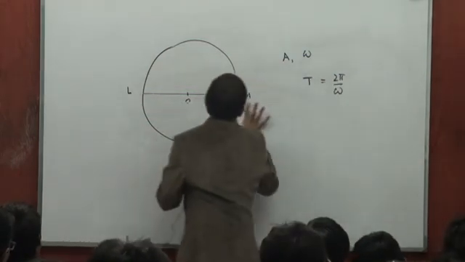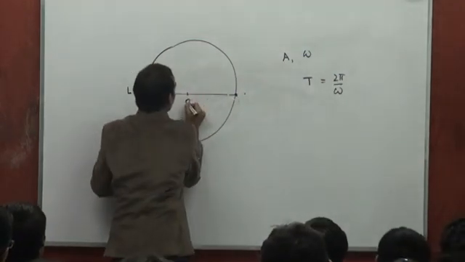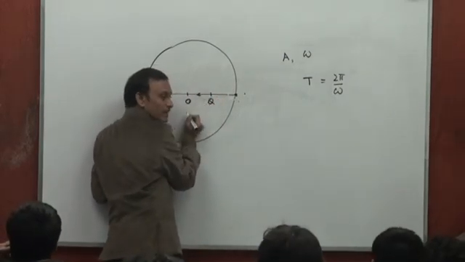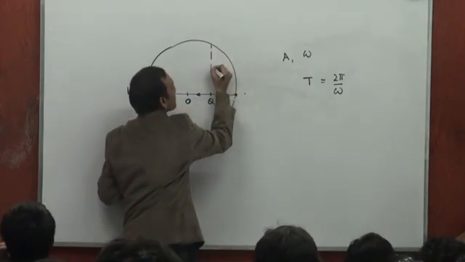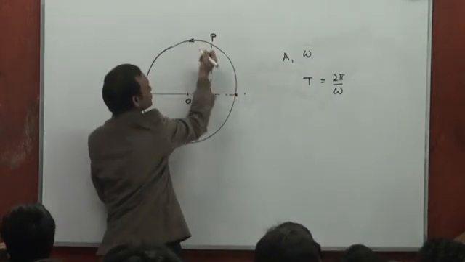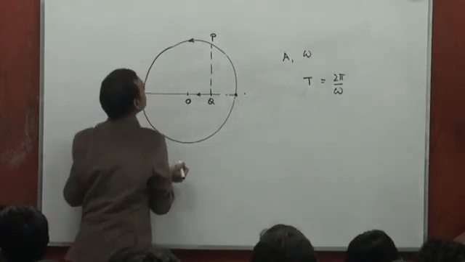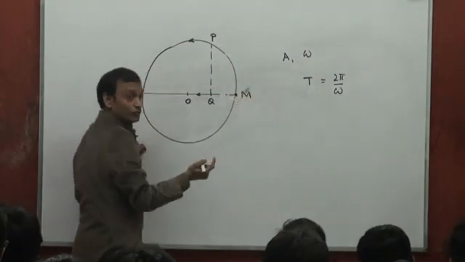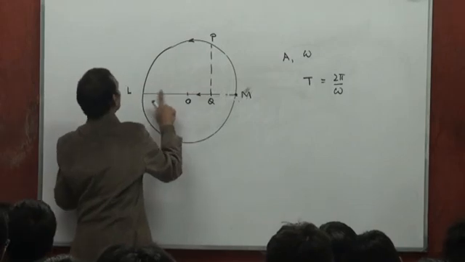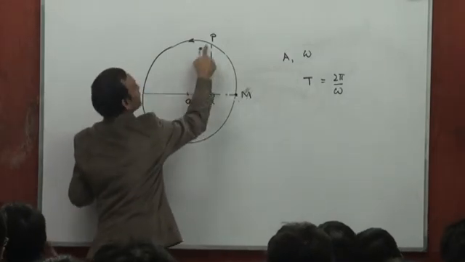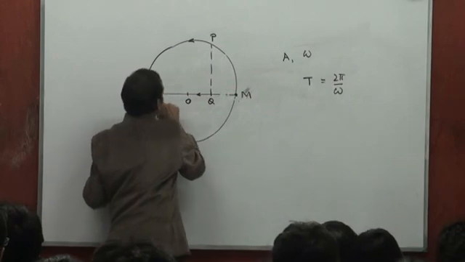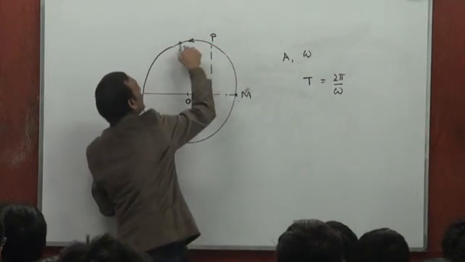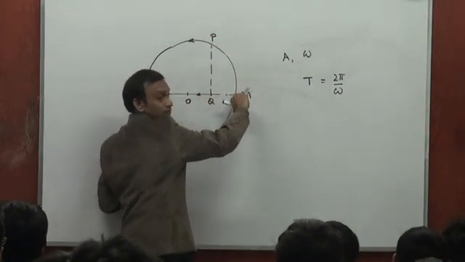In fact, you could have started from any Q here, and let's say Q going this way, P going this way, and then for a full cycle of Q, what's required is you go from Q to L, P comes down here, and then L back to M, and in that time P would have described this arc, right?